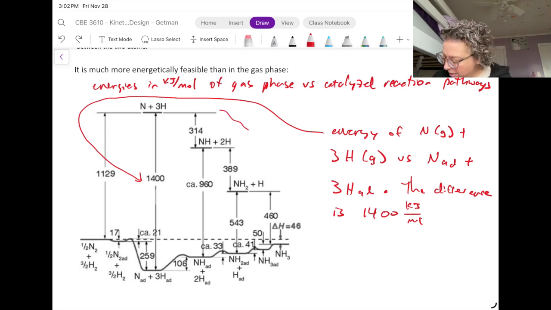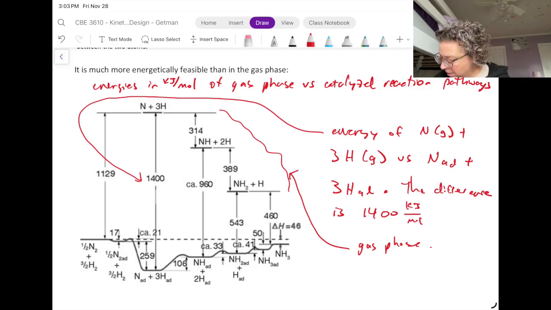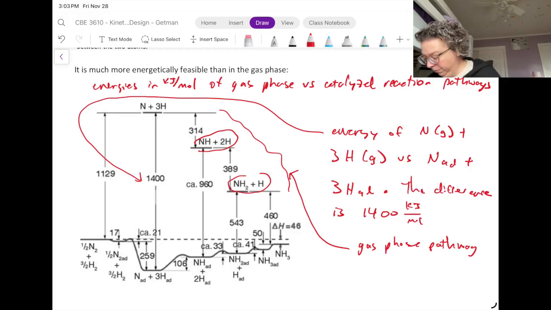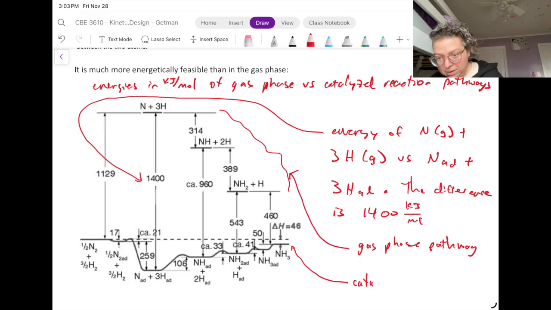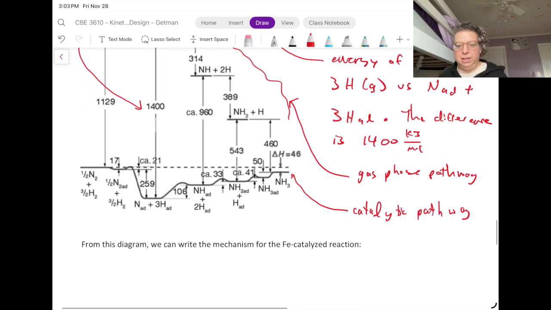This piece of the diagram is our gas phase pathway. Basically the hardest part is forming the nitrogen and hydrogen atoms, and once we have those, we can start creating the ammonia molecule, and the overall process is just slightly downhill in energy. This right here is the catalyzed pathway. As you can see, the catalytic pathway is significantly lower in energy than the gas phase pathway.